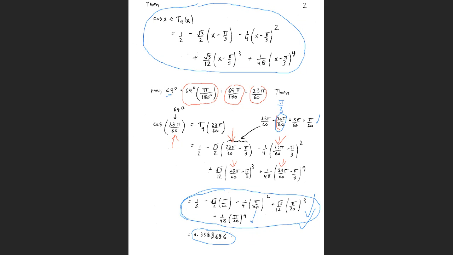So you go to Desmos also on your computers, and go ahead and start typing in this here. Do not take pi over 20 and make it a decimal. Type this entire expression in as you see it.